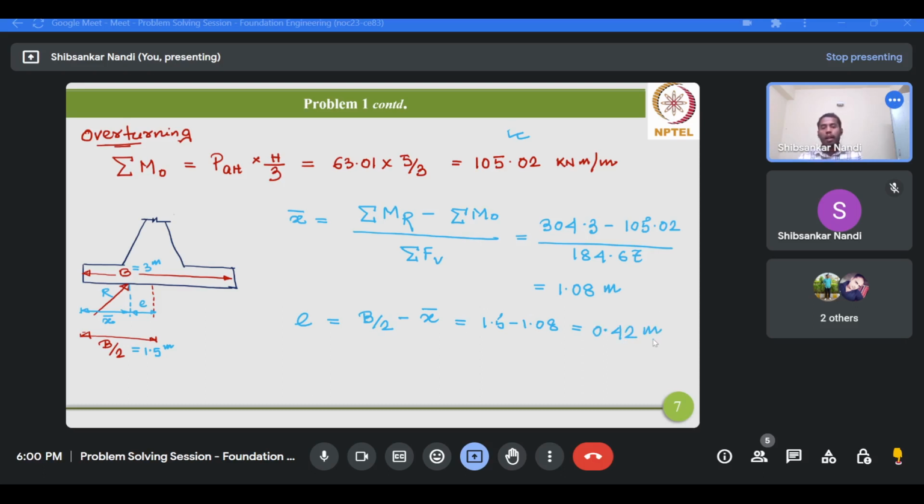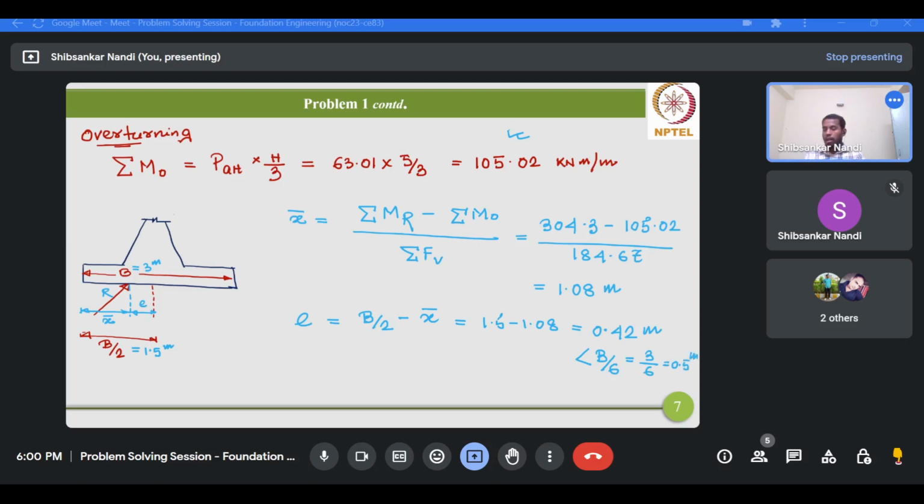Now, does this eccentricity create any tension at the base? What is the criteria to check that condition? The criteria is that the eccentricity should be less than B by 6. Now what is the B value? 3, and this is 6, so therefore 0.5 meter.